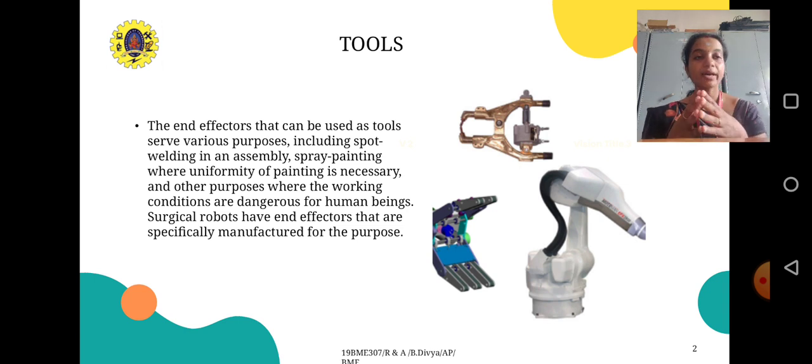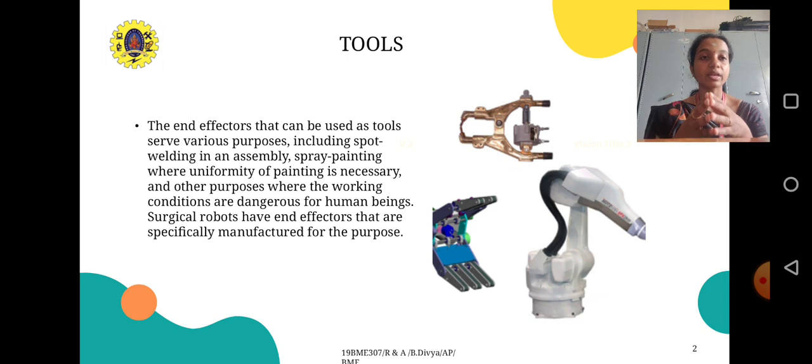These robots can work where human beings cannot perform, which is hazardous for human beings, and in places people cannot reach. These robot arms, that is grippers or these kinds of tools, can be used to perform those specific tasks.